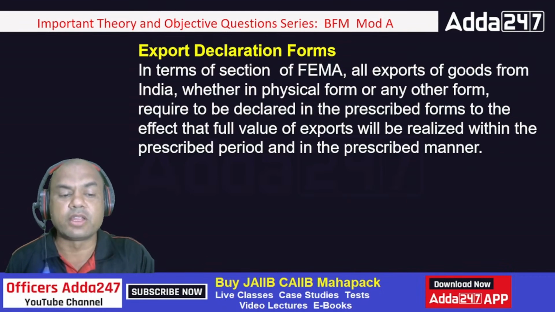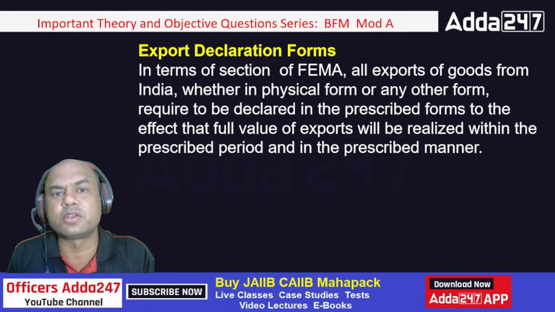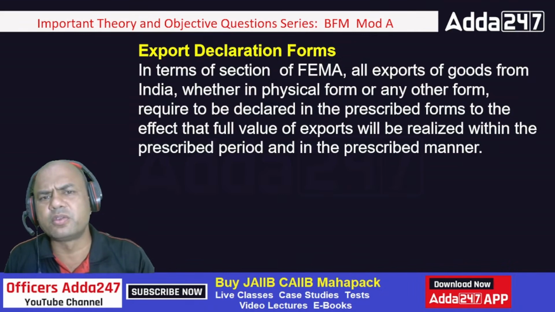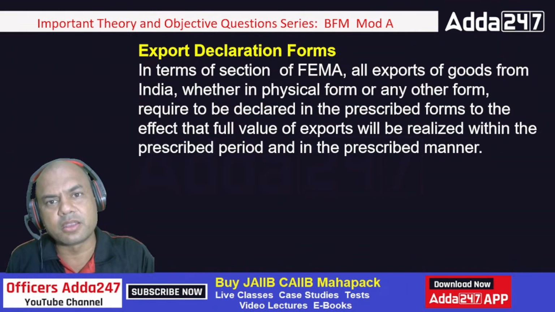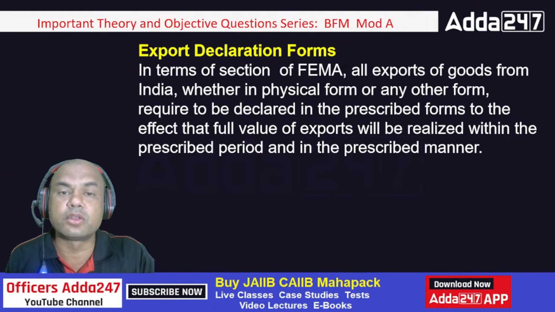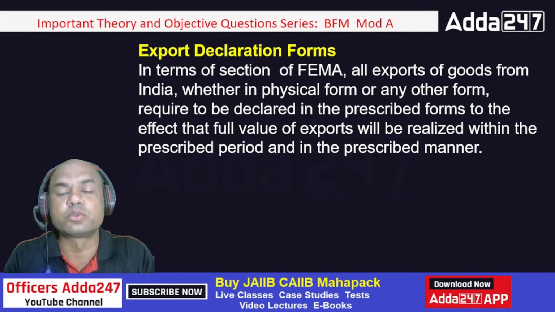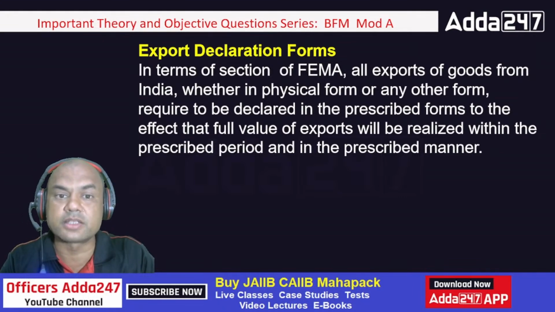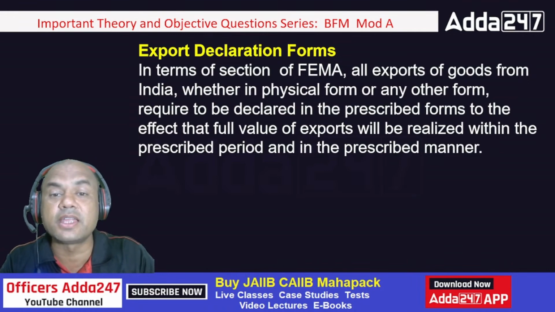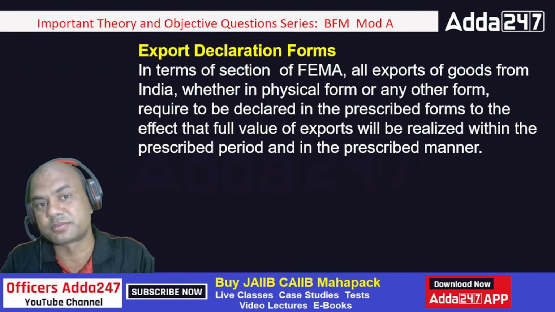Whenever you have to make any export, suppose you have manufactured something and you are selling it to somebody in the US. What happens in that case? You get the money, but the government doesn't know that you have sold something and got the money. Because the foreign exchange of any country is always affected by the business each individual does.